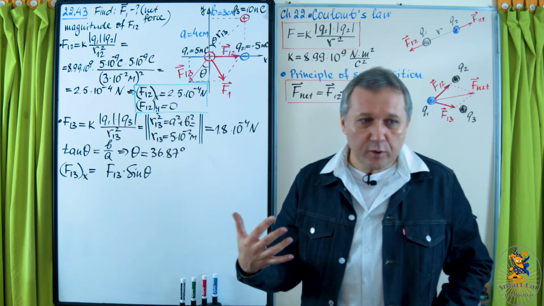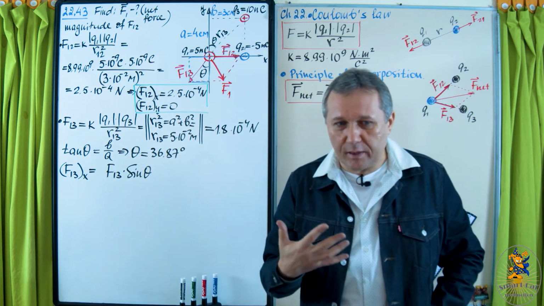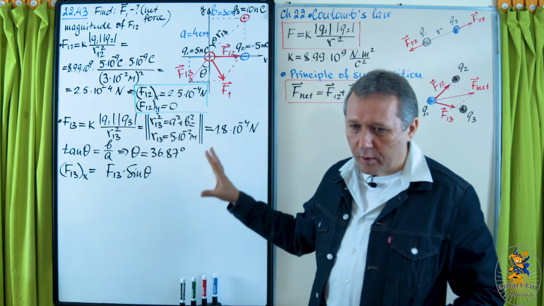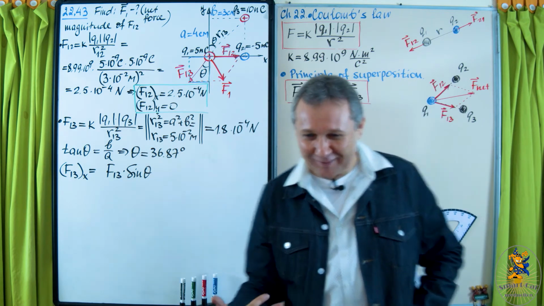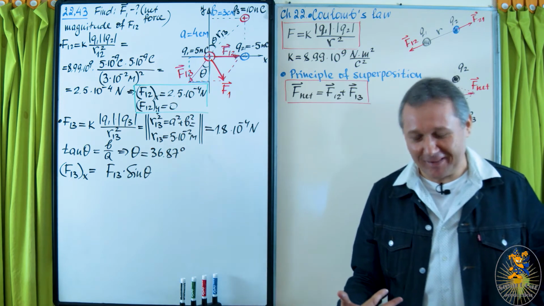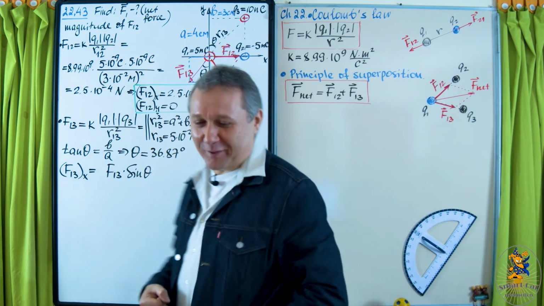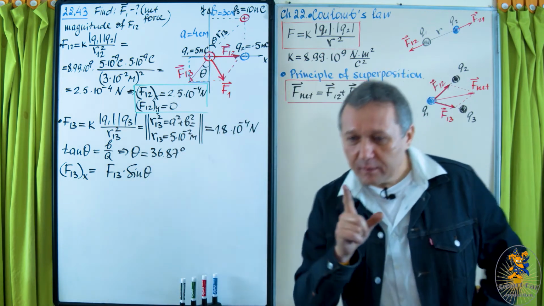You can pronounce it as F12 or F13, and everyone will be able to understand you, but it's very, very common and you need to pass that barrier and get used to this. Yeah. We all, at some point, had to get through this.